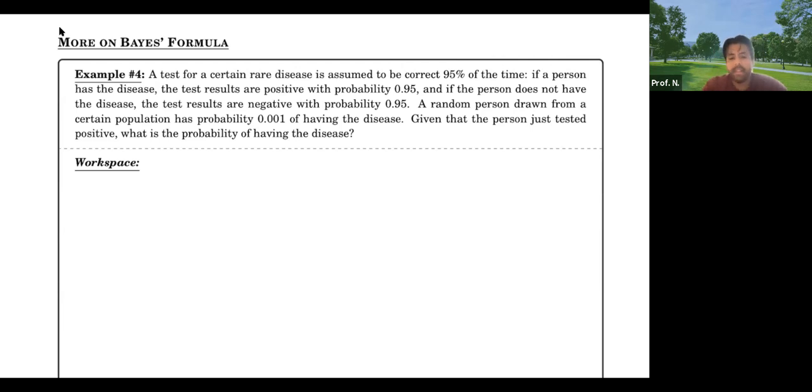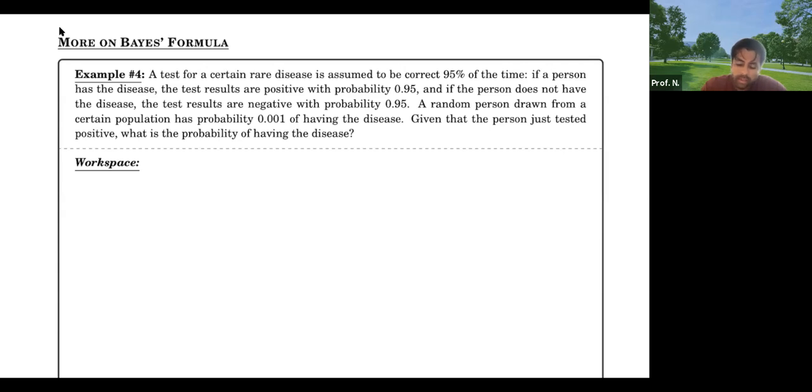If the person doesn't have the disease, the test results are negative with probability 0.95. Again, it's just reiterating that it's 95% correct. So if you don't have the disease, 95% of those people will be told that they don't have the disease.